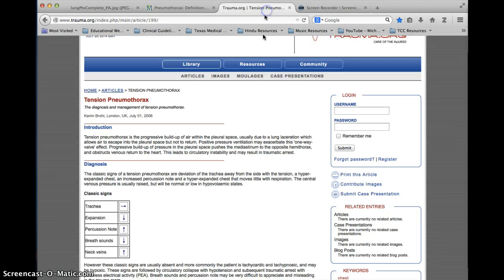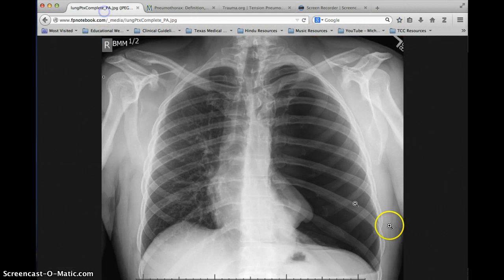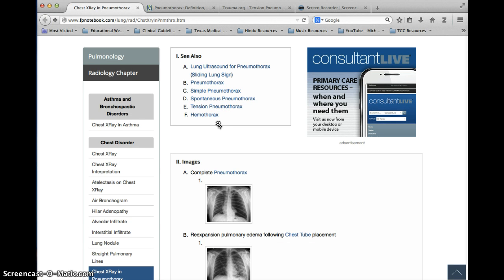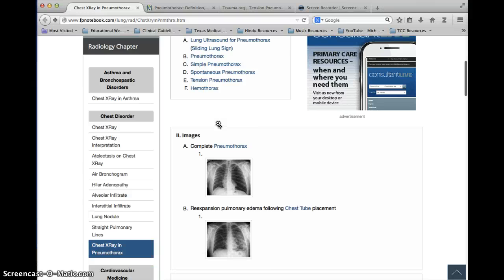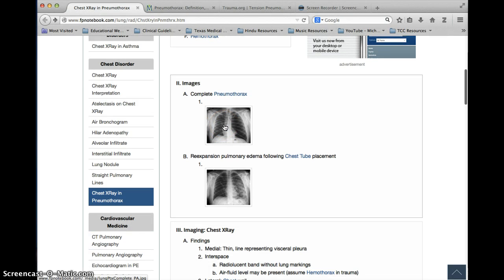So again, I just wanted to point out that I was incorrect, and I hope this gives further clarification to this x-ray. And as a note, if you go to this website here, fpnotebook.com, lung rad chest x-ray in pneumothorax, this is the actual chest film that occurred.